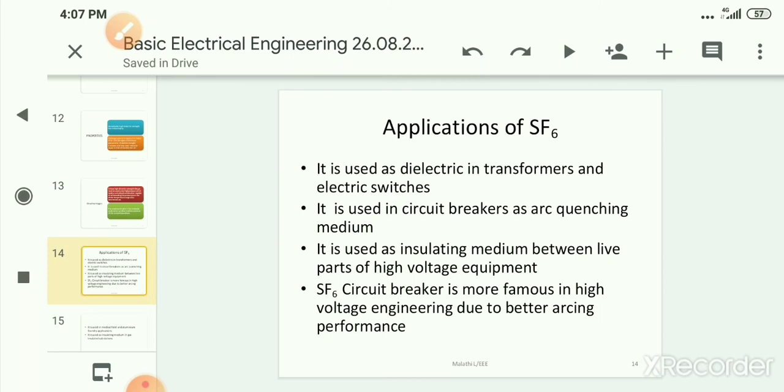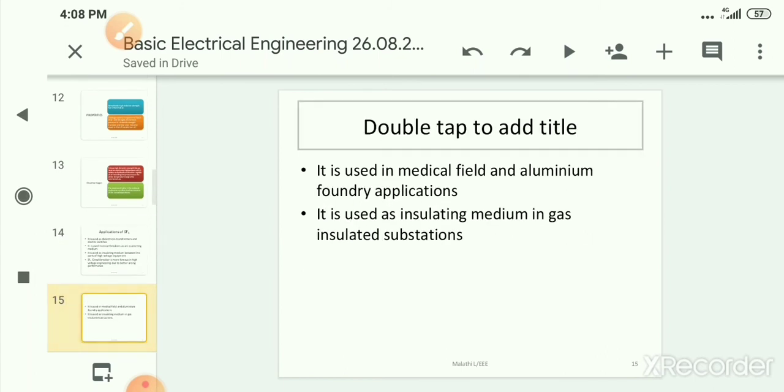That's why, instead of using an air substation, if we use SF6, it occupies very little place. Then the substation becomes very compact compared with SF6 substations.